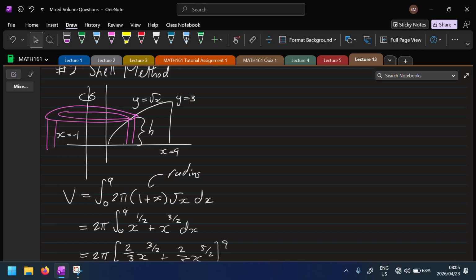All right. Any questions for these two? Yeah, that was for the shell. So if we have something like this, you got your cylinder like this. The volume of this is just 2 pi r h delta r.